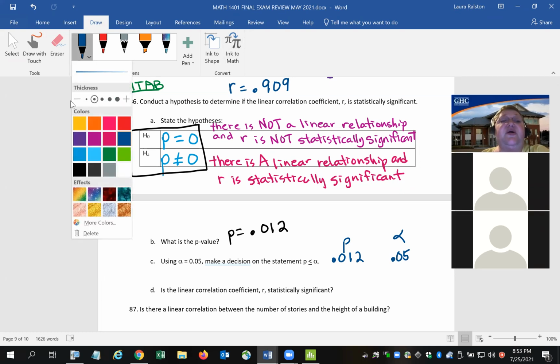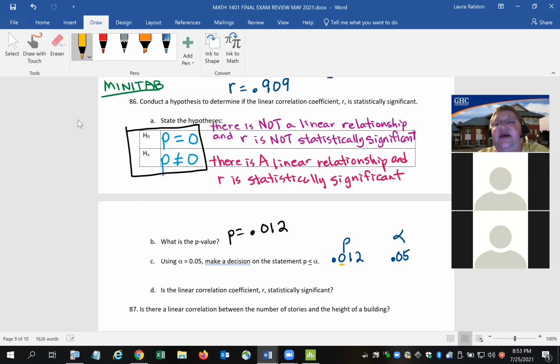Again, the easiest way to do that, guys, is to go digit for digit. The first number after the decimal, 0 compared to 0, is the same. Second digit, 1 compared to 5. 1 is less than 5. So P is less than or equal to alpha. When P is less than or equal to alpha, we reject the null.